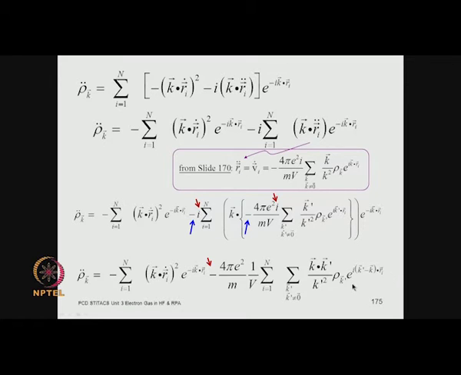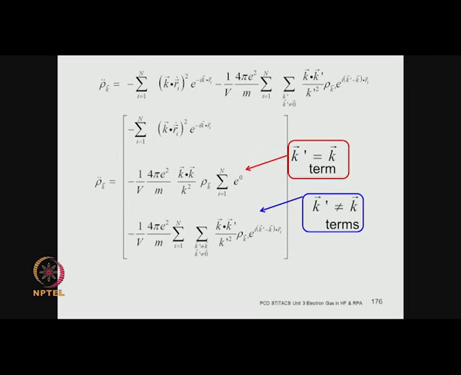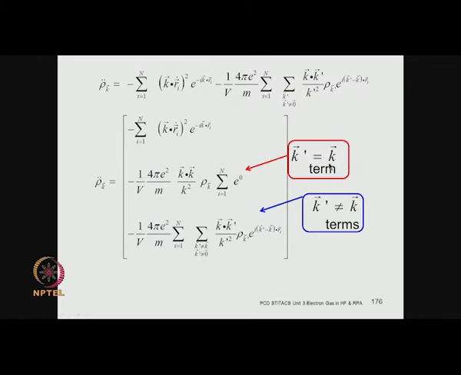Okay. Now let us bring this to the top of the next slide. It's essentially the same expression. And now this summation is a summation over k prime, and I break this summation into two parts, one corresponding to k prime equal to k, and the remaining set of terms corresponding to k prime not equal to k, because in some cases k prime will be equal to k.